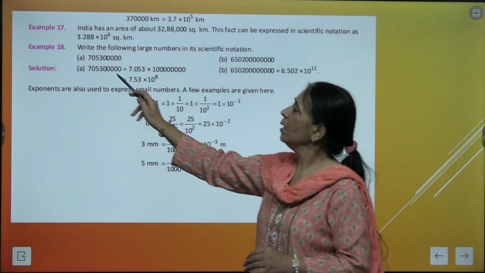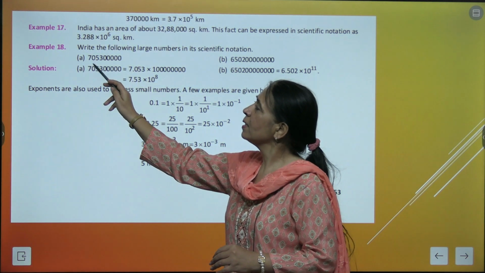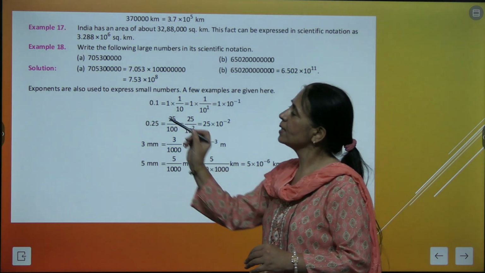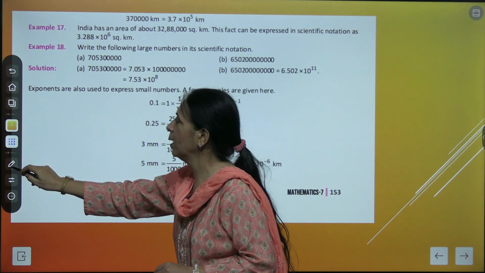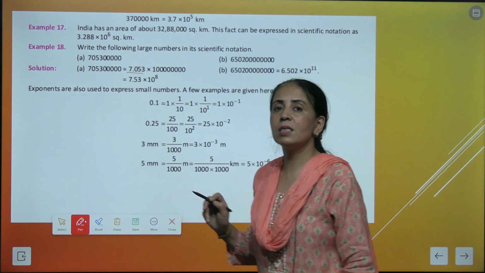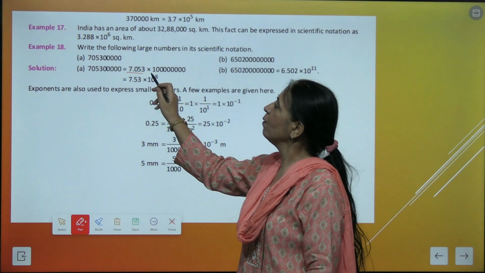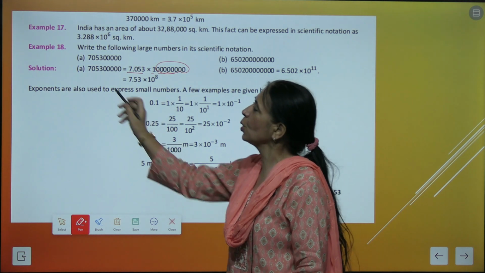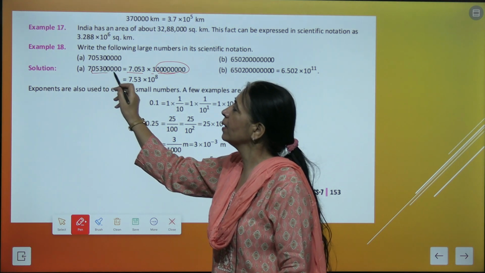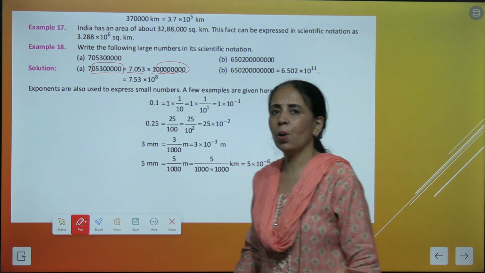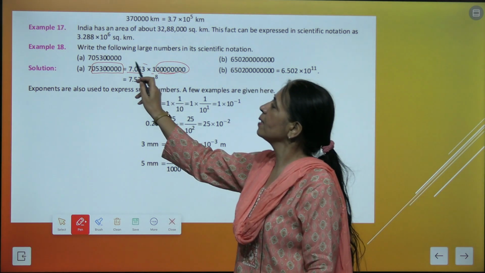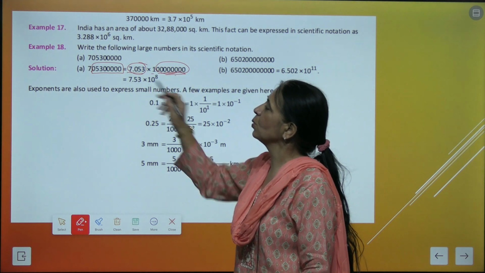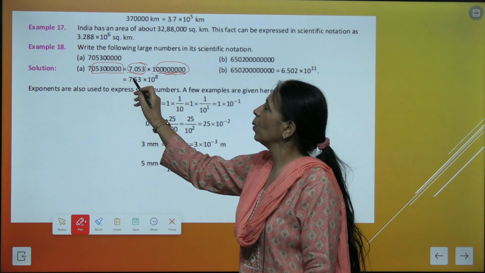Now similarly, we take a large number 70530000 और हमने क्या किया 7 के बाद पहुंचा दिया डेसिमल। तो हमने लिखा 7.053 मल्टीप्लाई 1 के बाद 8 zeros। 8 zeros क्यों आए? क्योंकि इस प्लेस के बाद ये 8 digits हैं। Got it? And it can be written as 7.053 multiplied by 10 raised to the power 8.